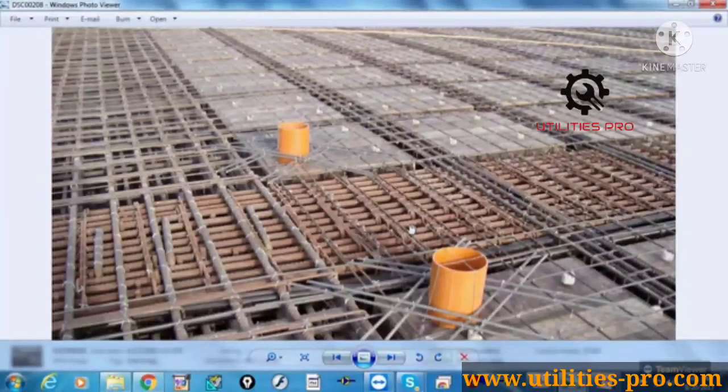After marking the sleeve locations, at the time of structure work, they will do the centering and the steel work, and they will add all these sleeves, and they will ask you as a mechanical engineer or mechanical department to visit the site and inspect the location of all the sleeves.